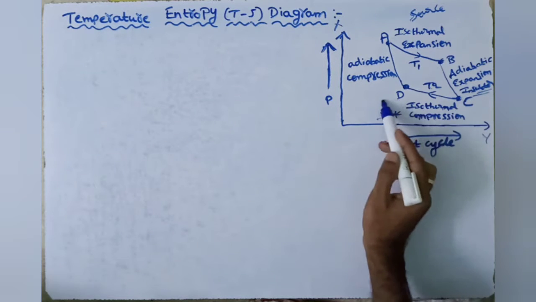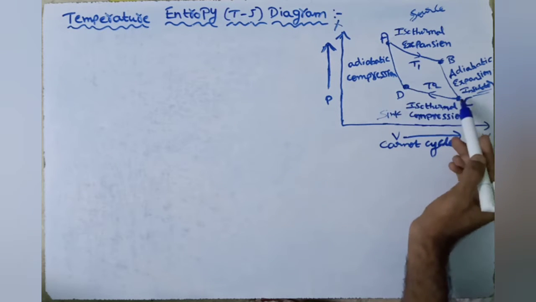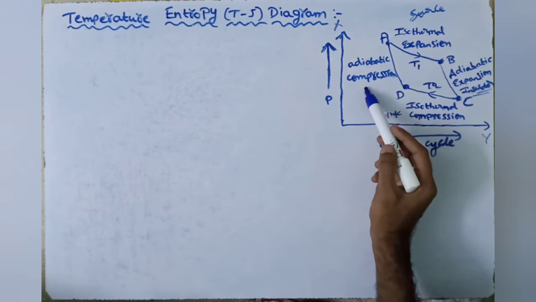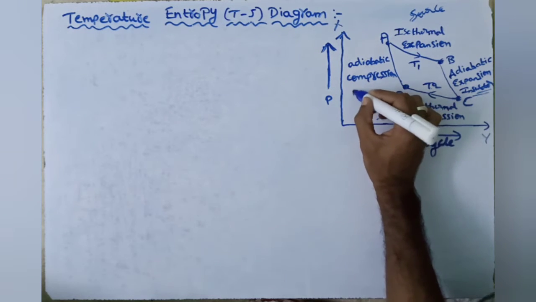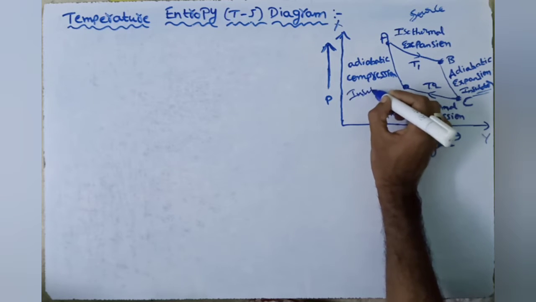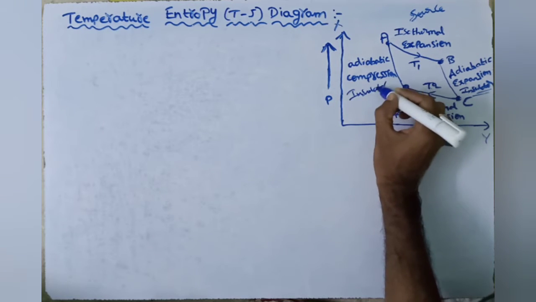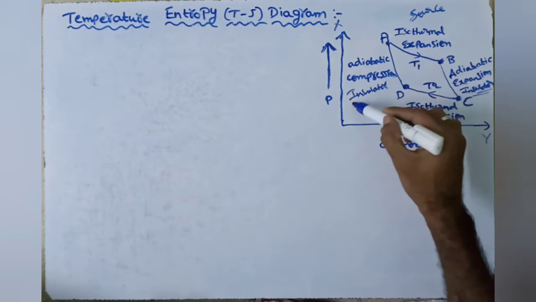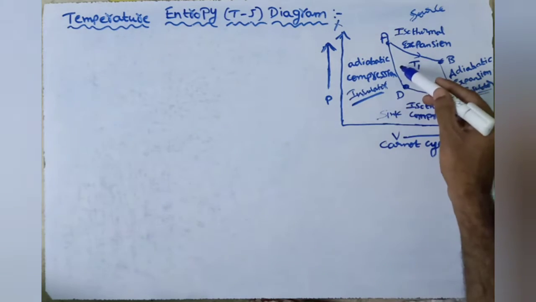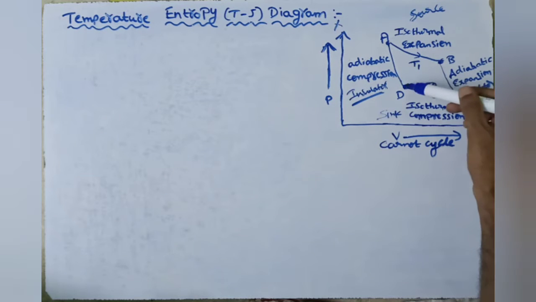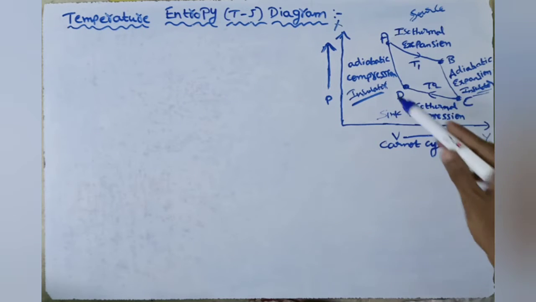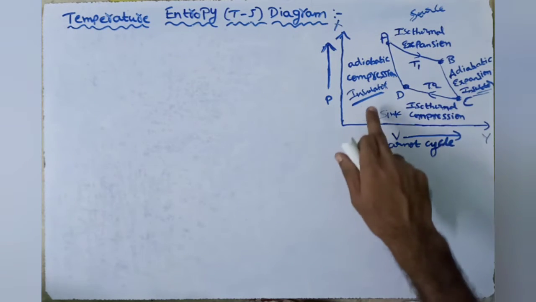Then in adiabatic compression, we keep the working substance again on an insulator. There is no exchange of heat. Here temperature increases from T2 to T1. These are all the four processes done in the Carnot cycle.